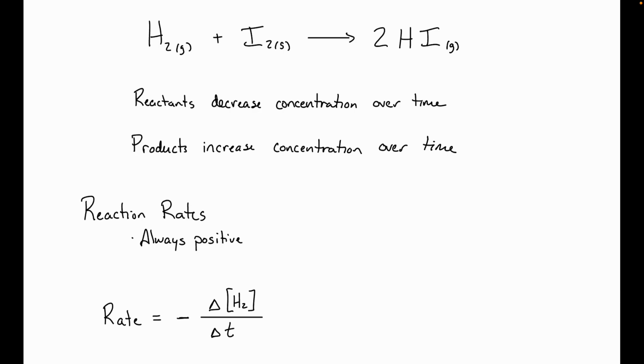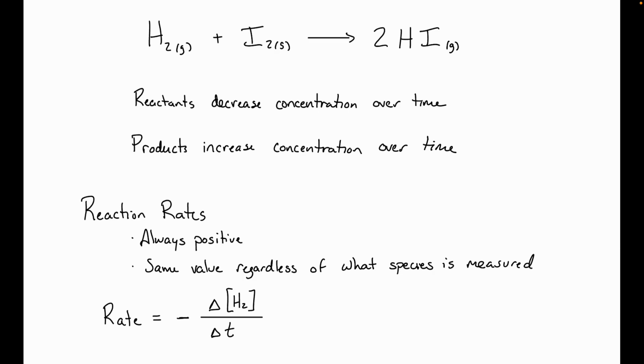So reaction rates are always positive, and I'm going to get the same value regardless of what I'm measuring. So I could measure the change in concentration of the hydrogen gas. That would be one way to get the rate.